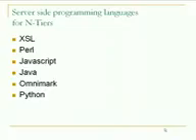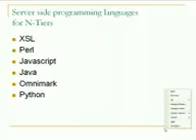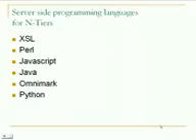Server-side programming languages for internet. Server-side programming languages. Actually, XML alone won't be enough. XML should be there. Perl, JavaScript, Java, Omnimark, and Python should also be there, supporting the XML from the server side.